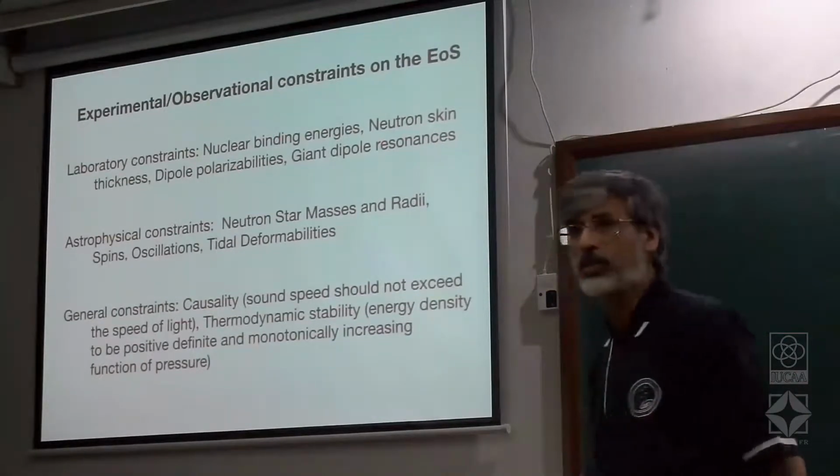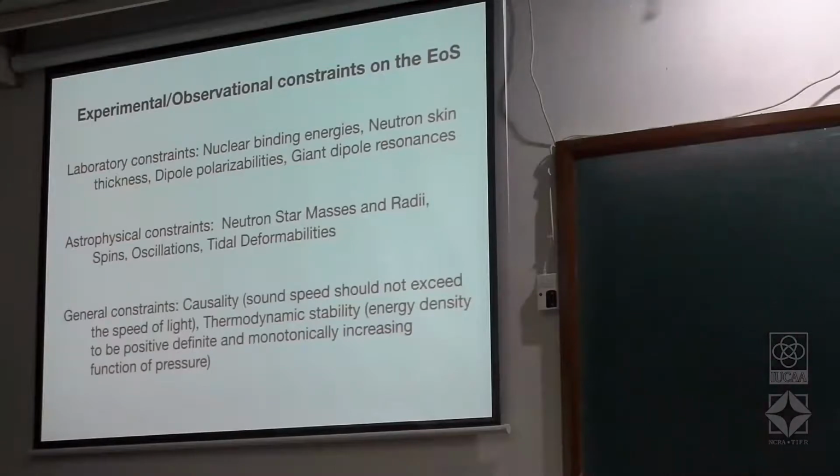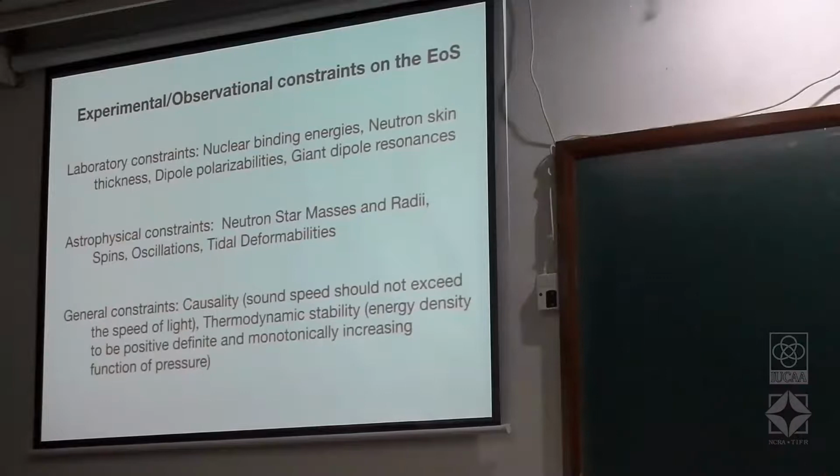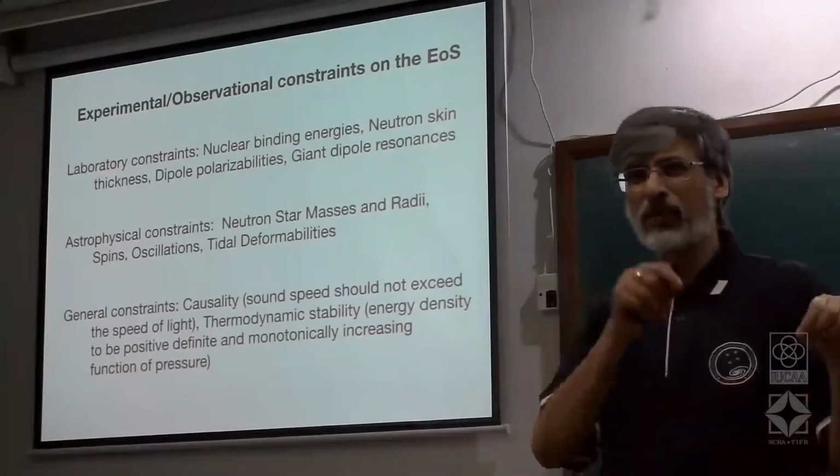Nowadays, you can measure neutron skin thickness. If you take a heavy nucleus, where there are lots of neutrons and lots of protons, then you can measure the extent of the wave function both in neutron matter and proton matter.